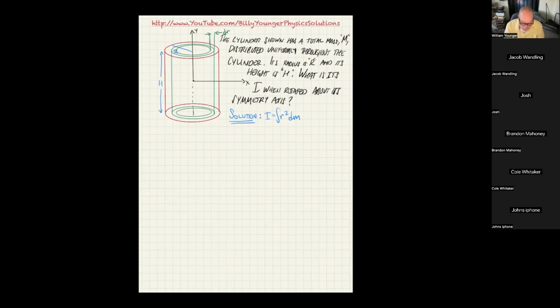Actually, let's draw this so you can understand. This is going to be R right there, and then that's R plus dr. So if you look, the inner circumference is 2 pi r, and then the thickness is dr. So it's sort of like a rectangular top, in which case the area of the top would be 2 pi r dr. But in reality, oops, I'm doing the wrong color.